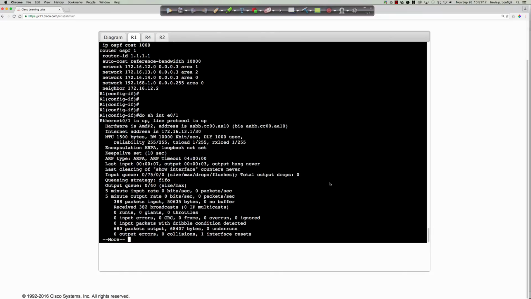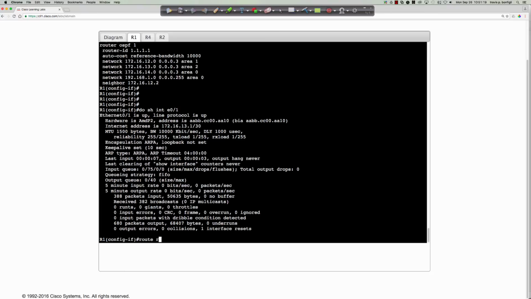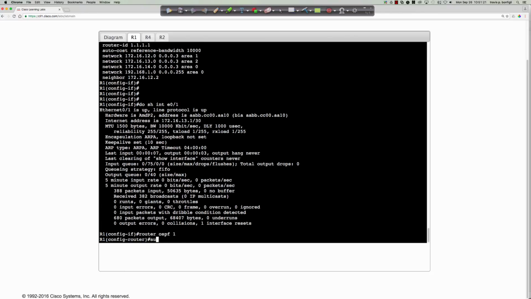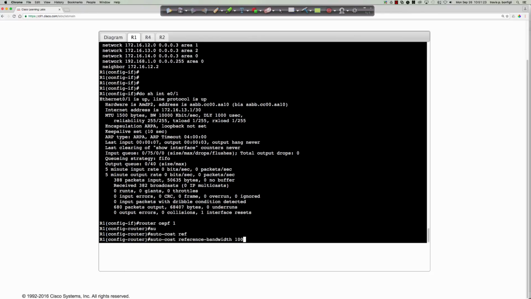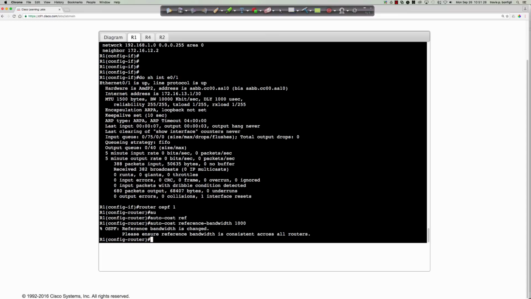To prove that, if I go back into router OSPF 1 and say auto cost reference bandwidth 1,000, so we'll set it to a gigabit a second, right?